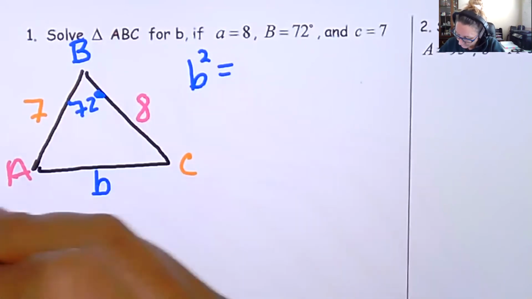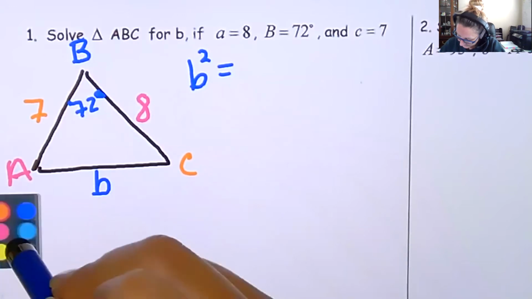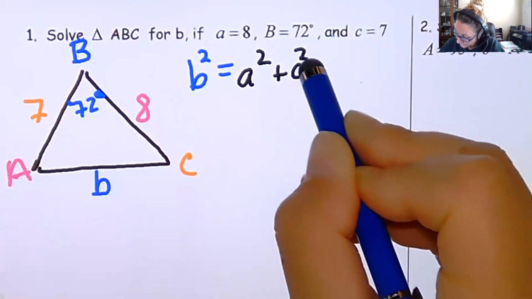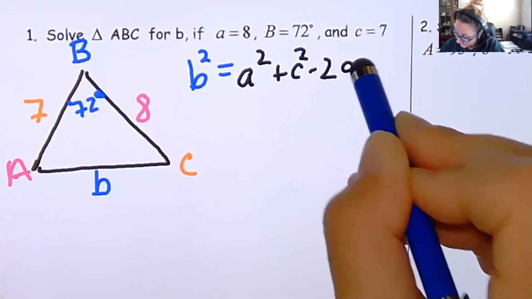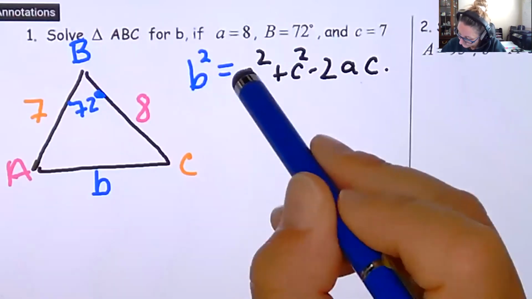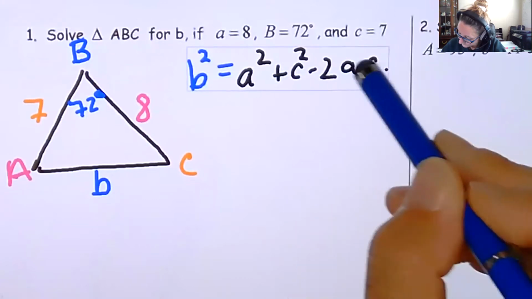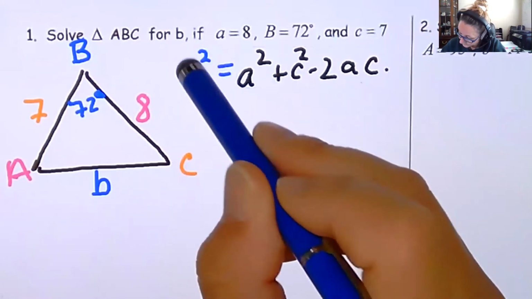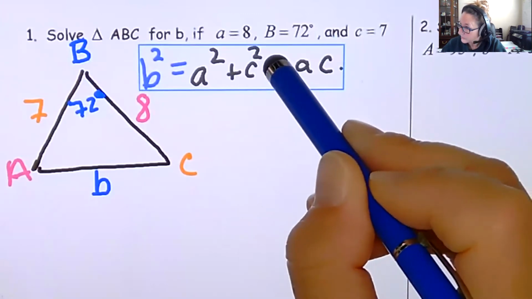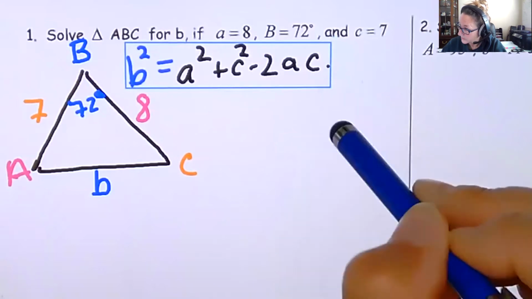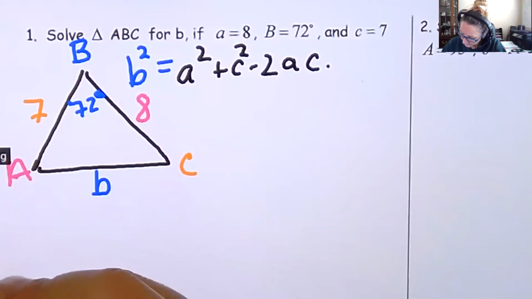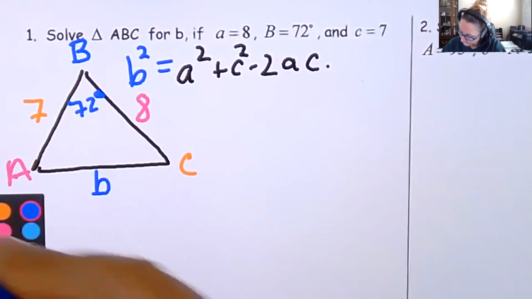So I'm going to do b squared is equal to a squared plus c squared, the other 2 letters, minus 2 times a times c times cosine of B. I'm going to move this over and give myself some more space.